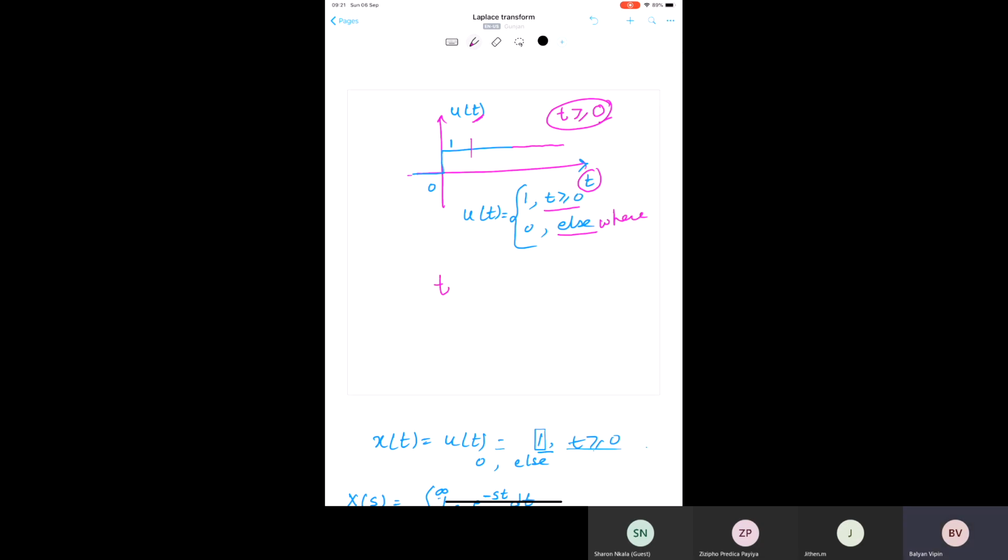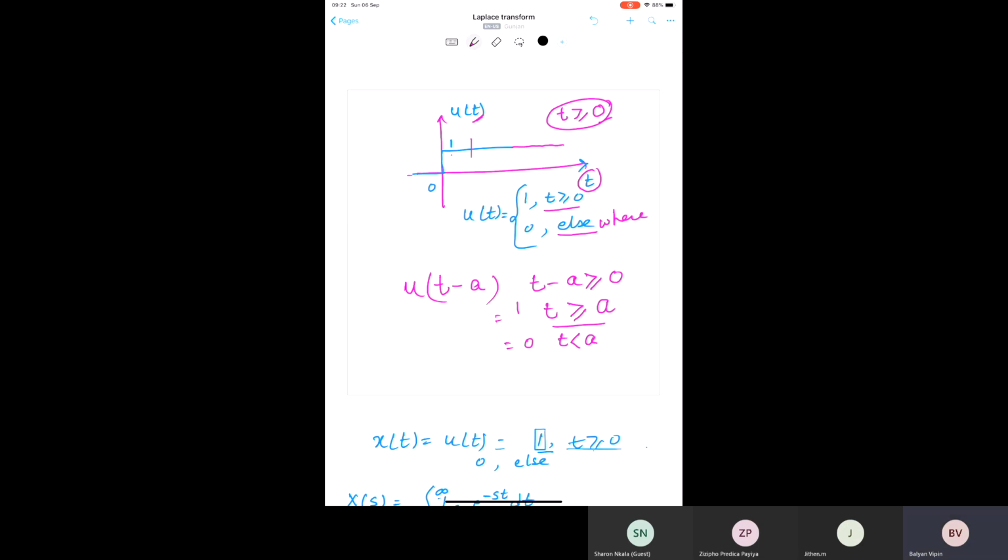If the signal is defined as u(t minus a), then it means you will write t minus a greater than or equal to 0. So for all the time values greater than a, the signal will have amplitude equal to 1, and for all the points where t is less than a, the signal will have value equal to 0.